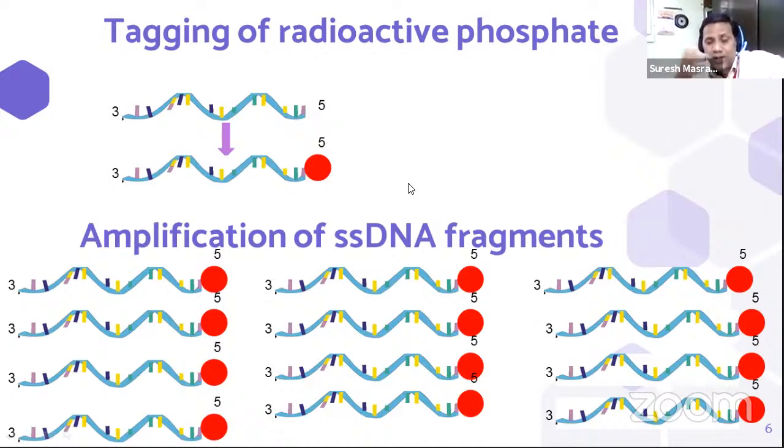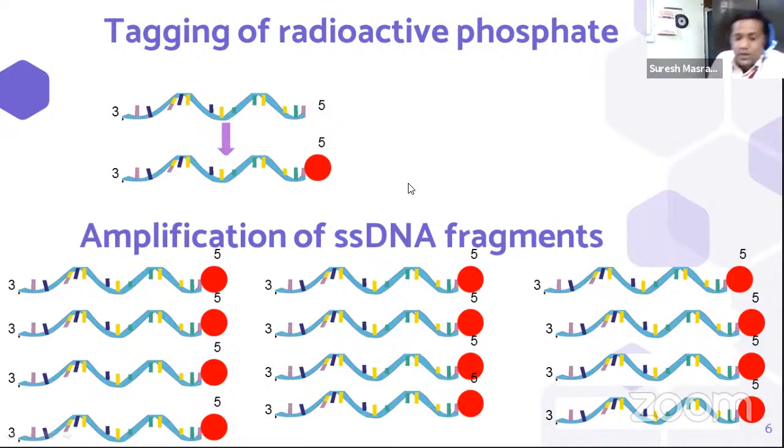But generally, it is the 5' end which is tagged by radioactive phosphate with the help of polynucleotide kinase. This polynucleotide kinase helps to add the radioactive phosphate, that is 32P, to the single-stranded DNA fragment. Okay, now we go for the PCR.